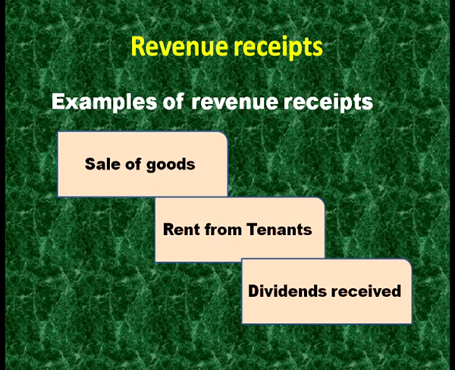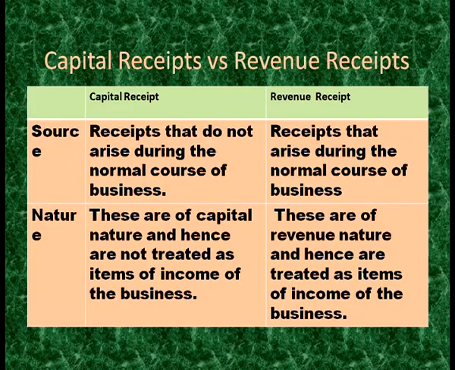Same way, if you have some extra money which you have invested in the shares and debentures of other companies, the dividends you receive from the shares and the interest you receive from the debentures, they all become examples of revenue receipts. Now let's differentiate between capital receipt and revenue receipt. If you see the source, the receipts that do not arise during the normal course of the business are called capital receipts, whereas receipts that arise during the normal course of the business are called revenue receipts.